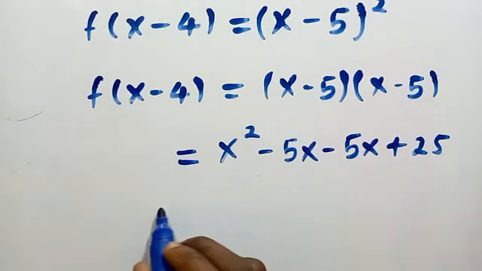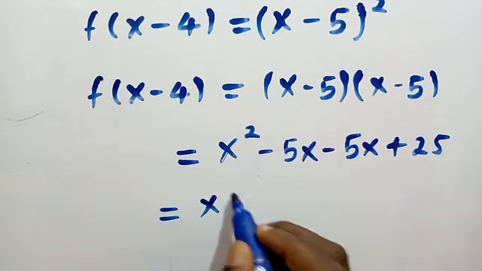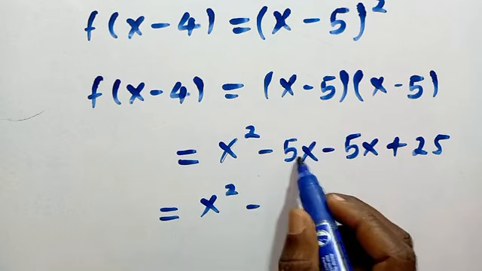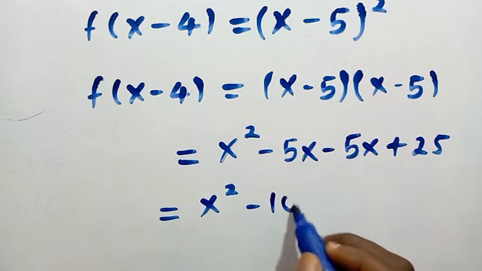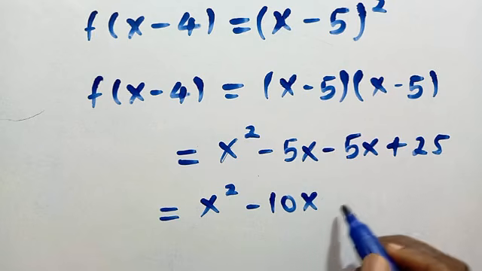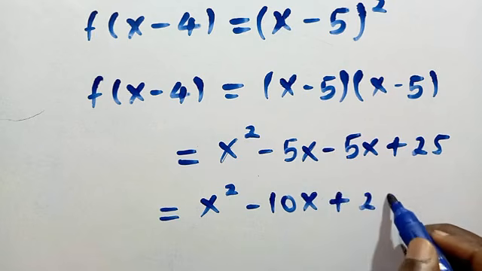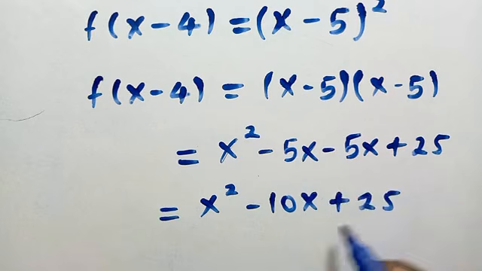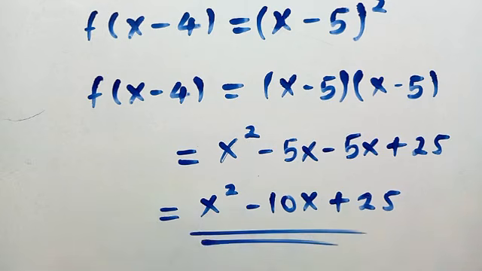This equals x squared minus 5x minus 5x, that gives us minus 10x, then plus 25. This is the value of f of x minus 4. So we have just considered the first method of solving this. Let's see how we can solve this in another way as the second method.